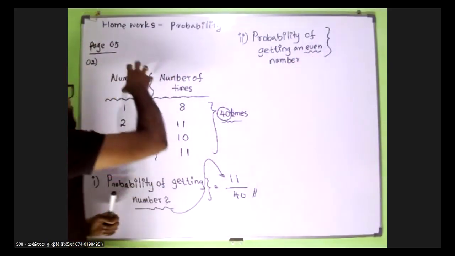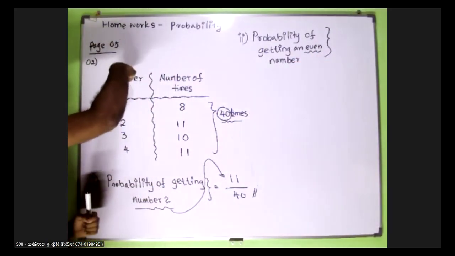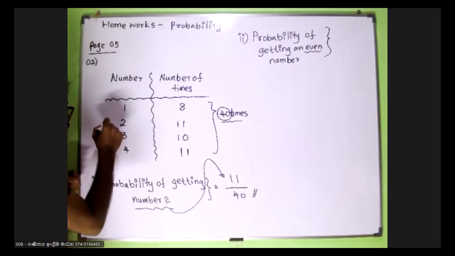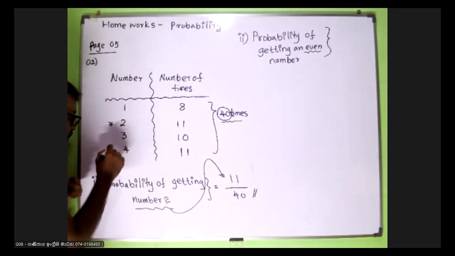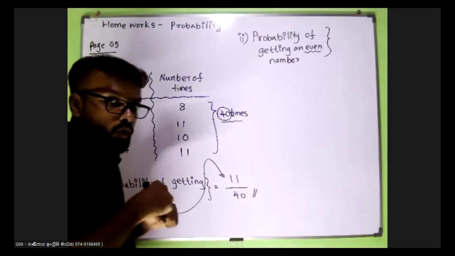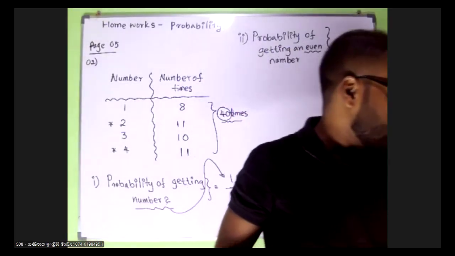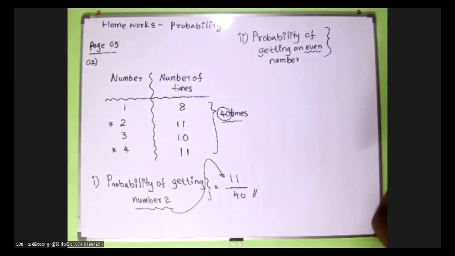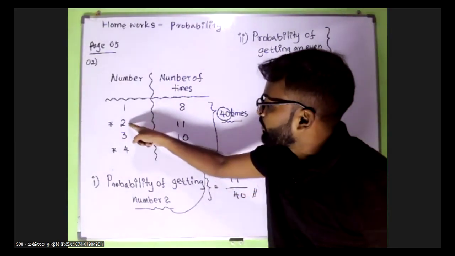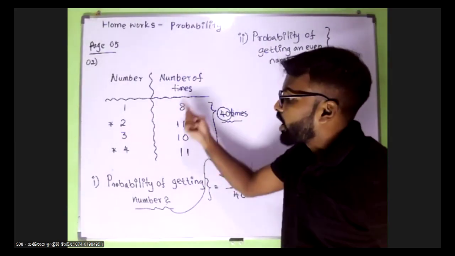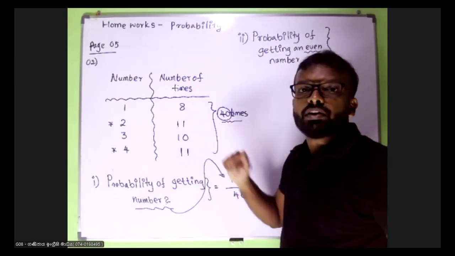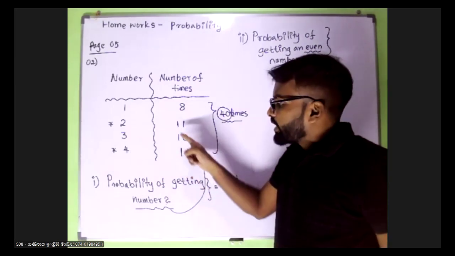Even numbers. Here you have the number column. So what are the even numbers? 2 and 4, right? 2 and 4 are the even numbers. How many times does number 2 occur? 11 times. How many times does number 4 occur? 11 times.